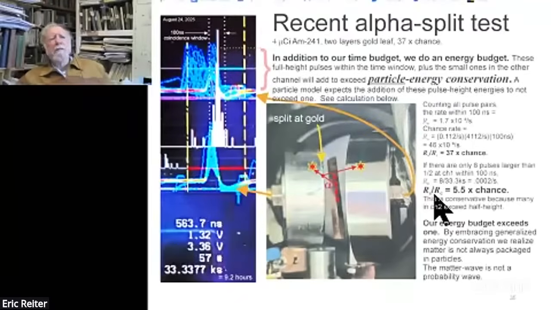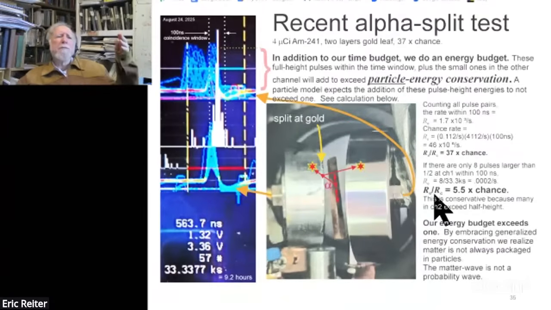So you get better than 1-to-1, which is all you really need to see that it's completely quantum, that it's not some artifact of just looking at half-height pulses. The half-height pulses would be like you're picking up a charge and it would change the pulse height, or it would lower the kinetic energy. So there are good reasons for there being half-height pulses in this experiment when it does the split.